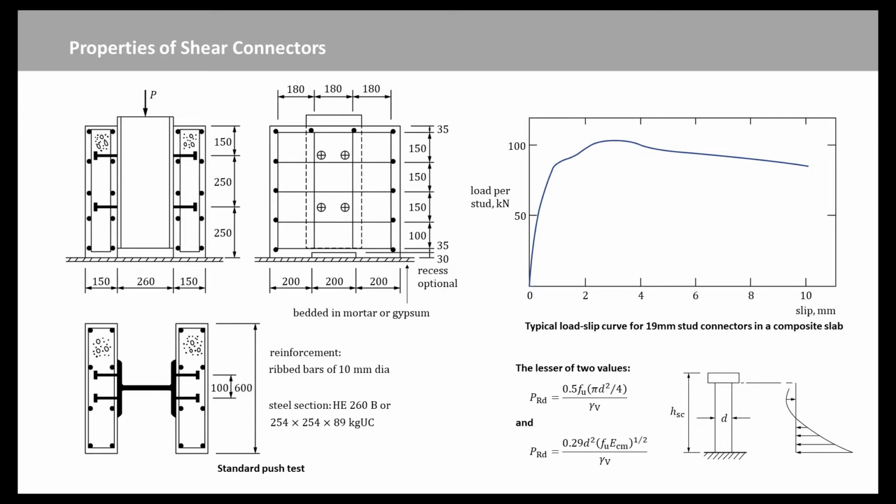This is why the design shear resistance of studs with hsc over d larger than or equal to 4 is given in Eurocode 4 as the lesser of these two values of P_Rd, where fu is the ultimate tensile strength of the steel, less than or equal to 500 Newton per millimeter squared, and fck and Ecm are the cylinder strength and the mean secant elastic modulus of the concrete, respectively. Dimensions hsc and d are shown in this figure. The value recommended for the partial safety factor, gamma V, is 1.25, based on statistical calibration studies.